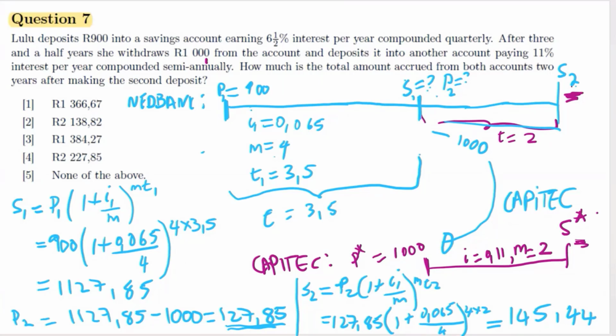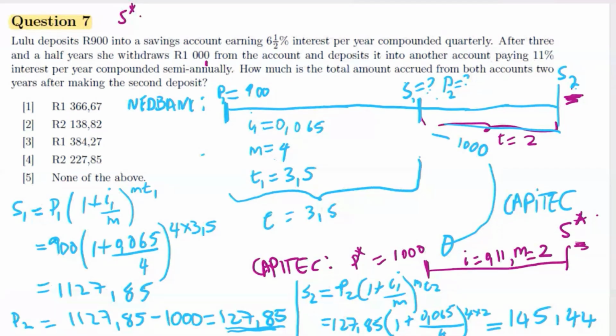So now S star at Capitec is equal to P star at Capitec into 1 plus the interest at Capitec, compounding with its own period, so we have M. Our T is 2 years.